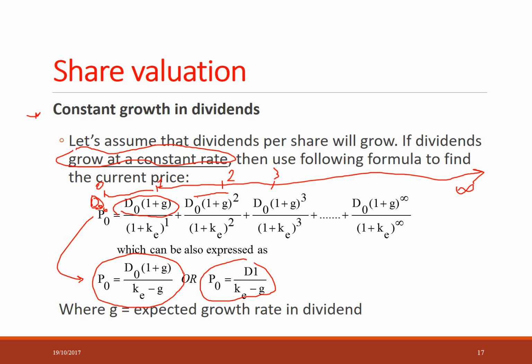Or we could express that in terms of the dividend that we get paid next year. So the price is equal to the dividend next year, divided by the cost of capital minus the growth rate. So it's very important here, when we read the question, to work out whether the dividend is the dividend in year 0 or the dividend in year 1.